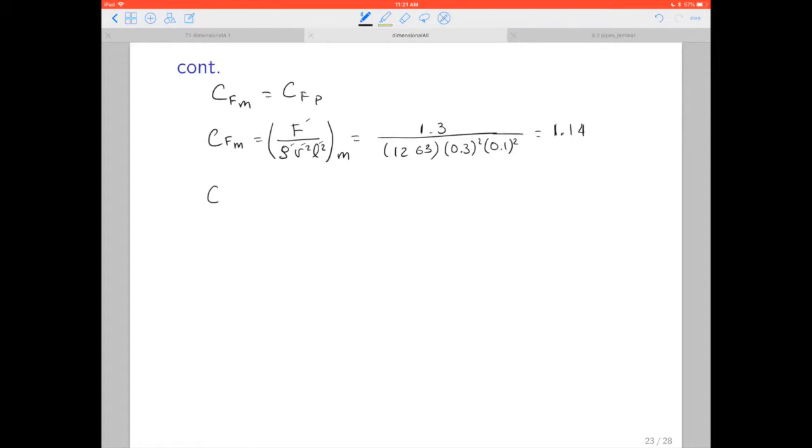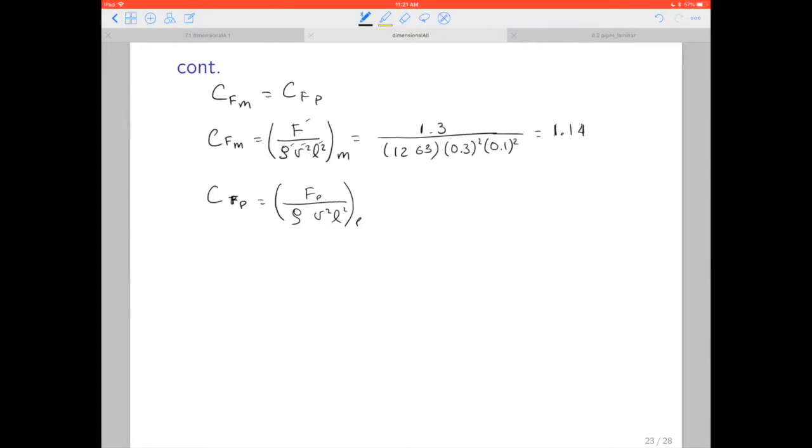Now, because this is equal to the force coefficient of the prototype, and the force coefficient of the prototype is F in the prototype divided by rho in the prototype, velocity square in the prototype, and length square in the prototype.